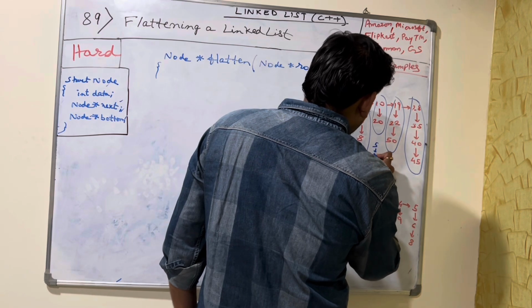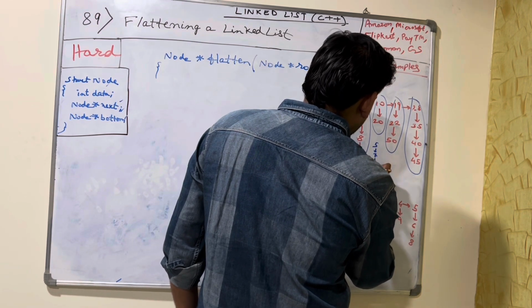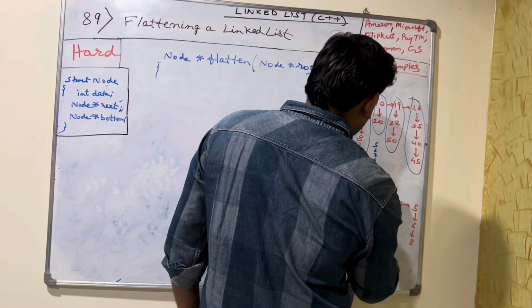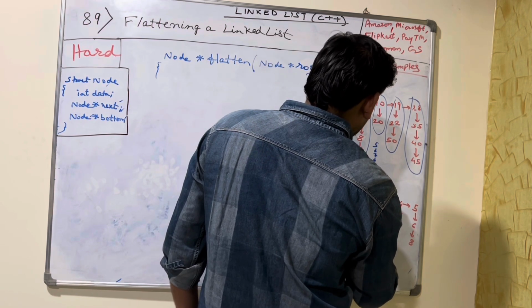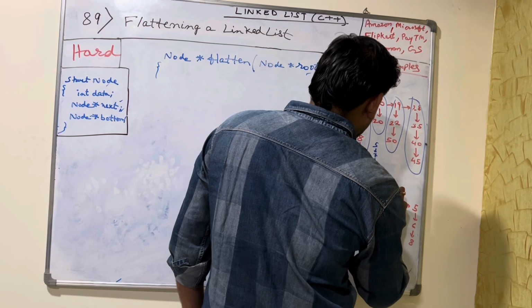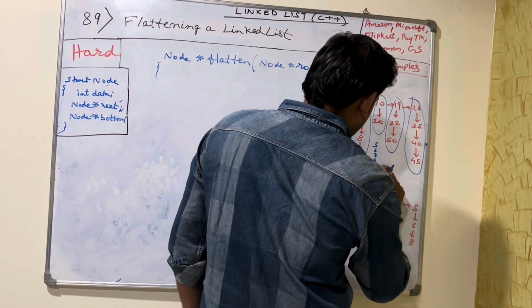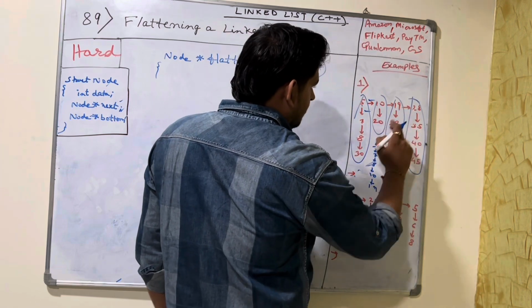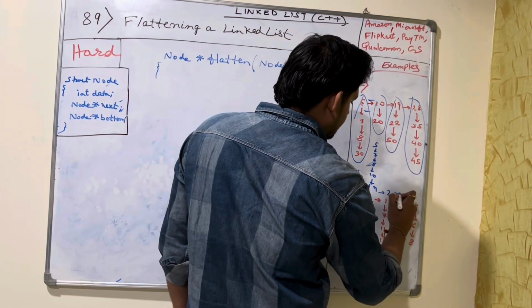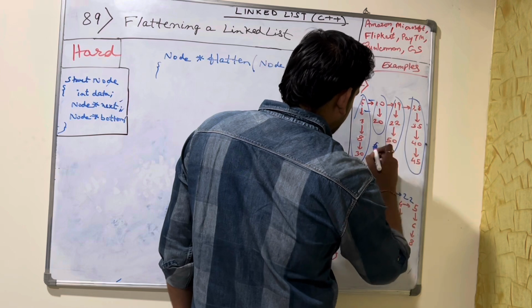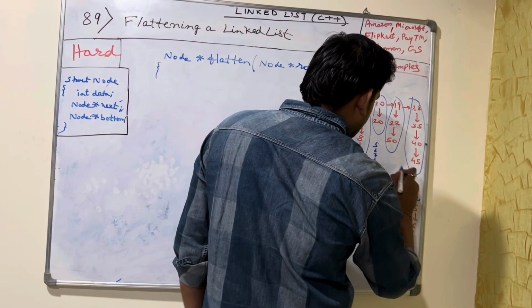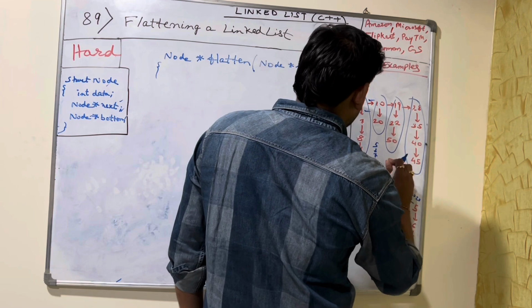5, 7, 8, 10, then 19, then since I don't have space, so I am going this side. 19, then what should come? 20, 22, then what is the next big number? 28, okay.